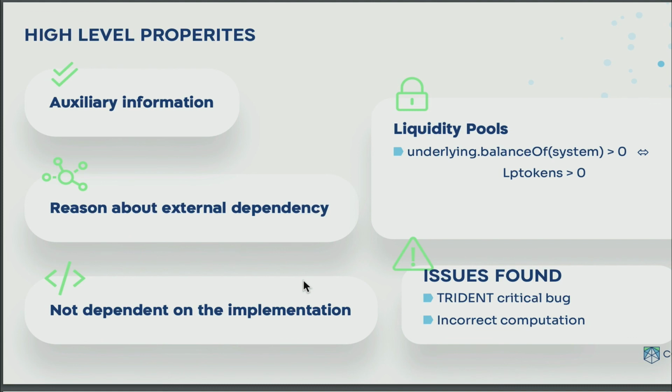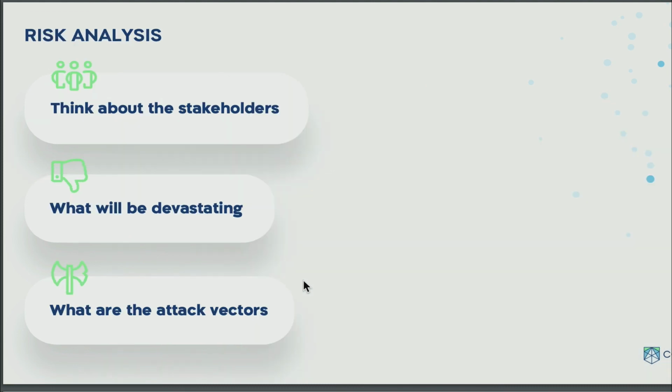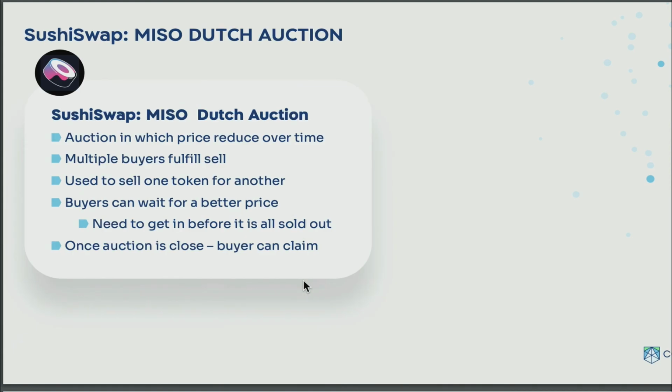And the high-level properties are not dependent on the implementation. Risk analysis, as I said, is like thinking, what is the worst? Like putting on our black hat and thinking, how would I attack this? Okay, so in SushiSwap, this is a Dutch auction.